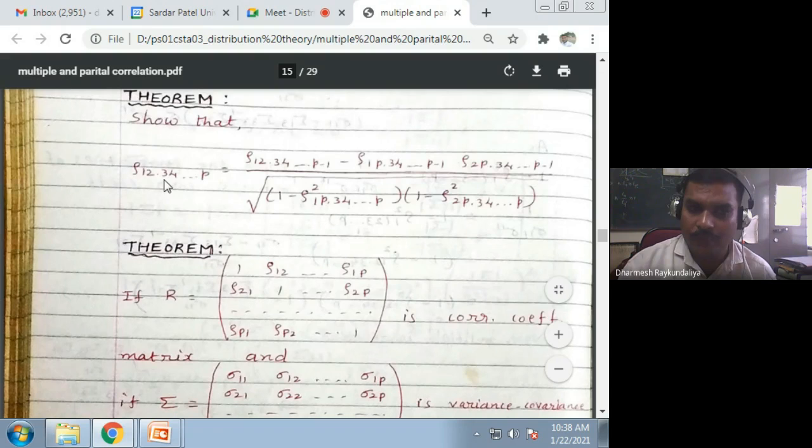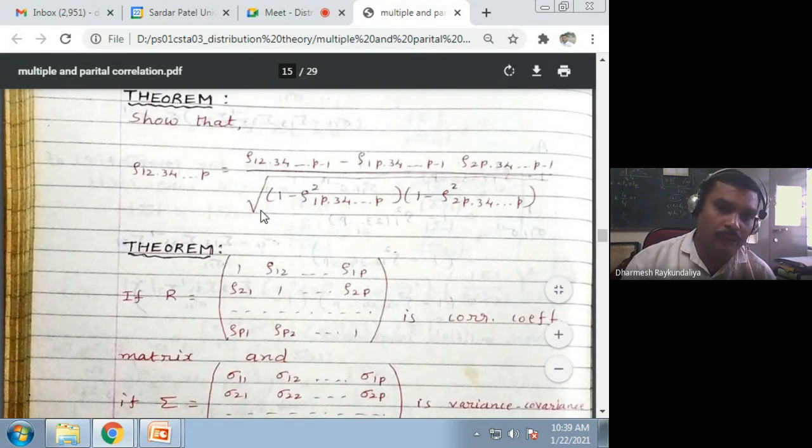Here the fixed variables are x3 up to xp, but in this setup the fixed variables are only x3 up to xp minus 1. So it is rho 1 2 dot x3 to xp minus 1 fixed minus rho 1 p into rho 2 p divided by square root of 1 minus rho square 1 p minus 1 minus rho square 2 p.